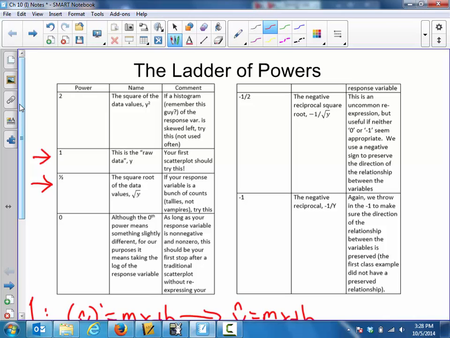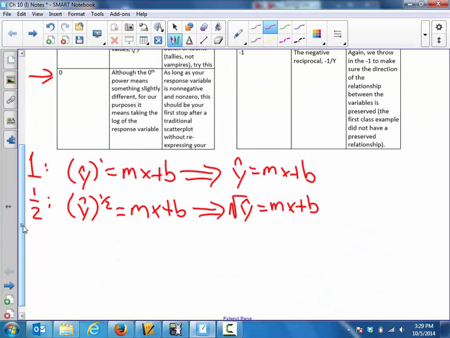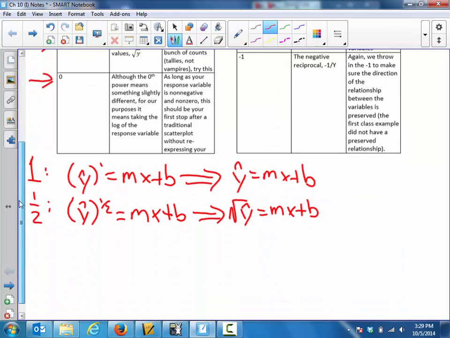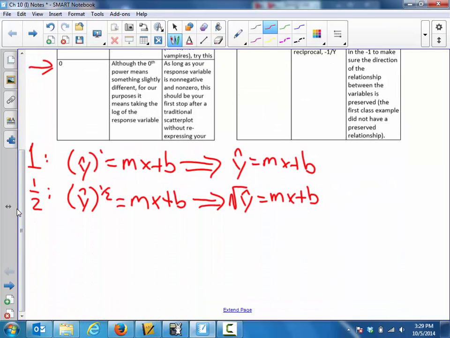Now notice rung 0, and rungs -1/2 and -1 are in the same boat. If I meant this literally, that these rungs are strictly just the exponents on Y hat, instead of rung 0 being log of Y hat as it's identified here in that second column, that's not mathematically sound.